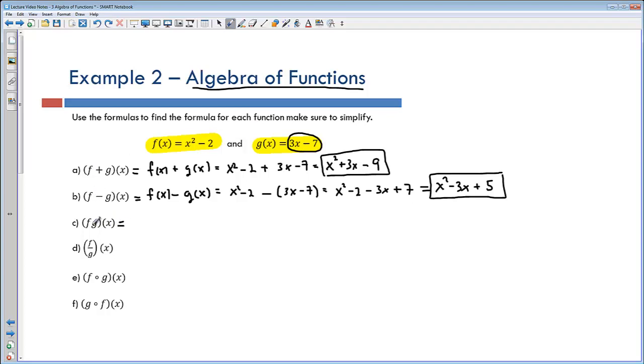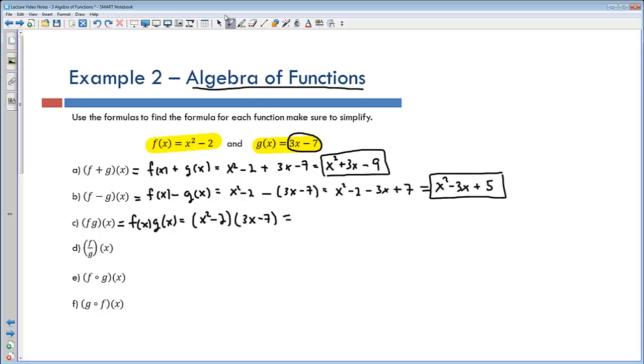So multiplication, we have f times g of x, so that really means do f of x times g of x. And now we simply do what that says, and so you just copy down f of x, make sure you put it in parentheses because you're going to take x squared minus 2, and multiply the whole thing by g of x, which is 3x minus 7. And so here we need to simplify, so let's just multiply out.